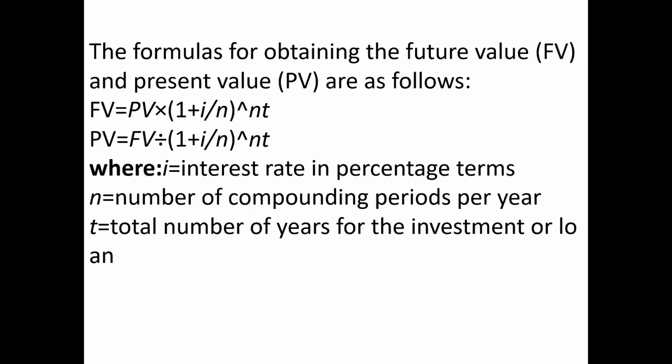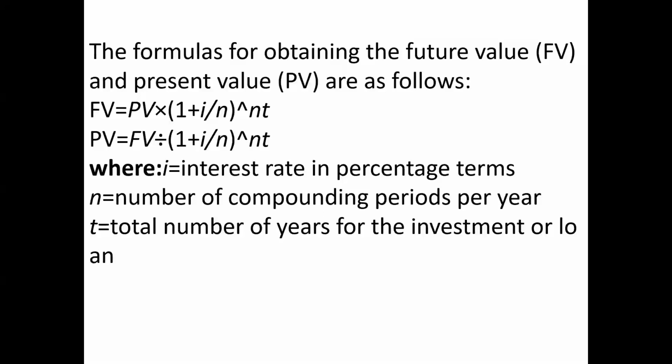Earlier we bought petrol at 60 rupees per liter, but now it is around 80 rupees. After certain years we may buy petrol for around 100 rupees or more. How it will increase we can easily calculate using future value.